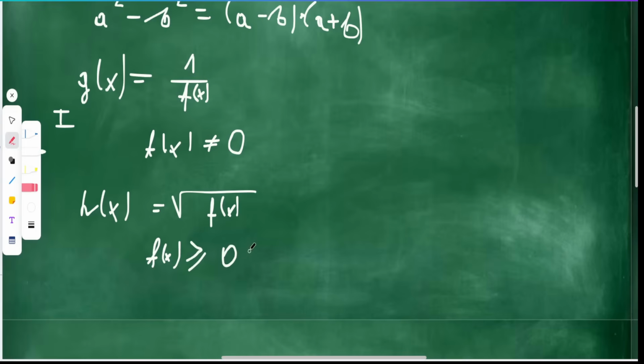And standardly in this place, there can be some linear function, some quadratic function, we have to calculate its roots and examine the interval in which this particular function takes positive values and zeros. And this interval is then the domain of our new function.